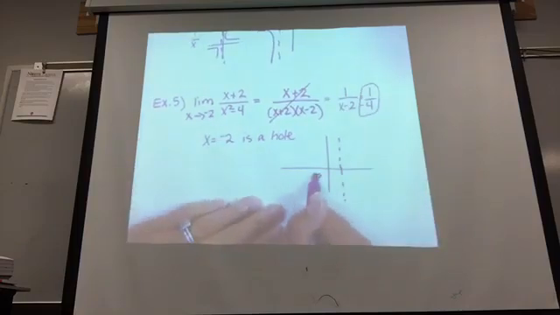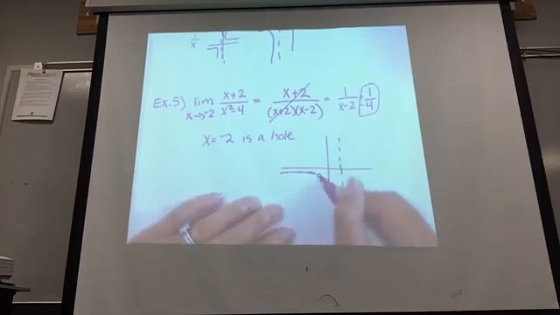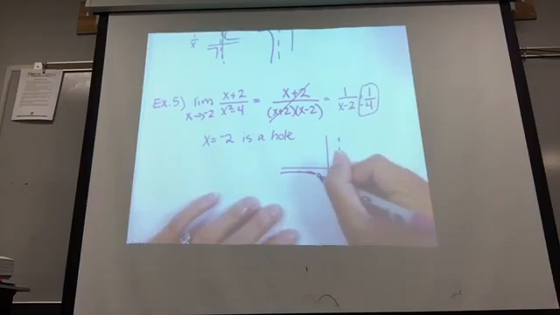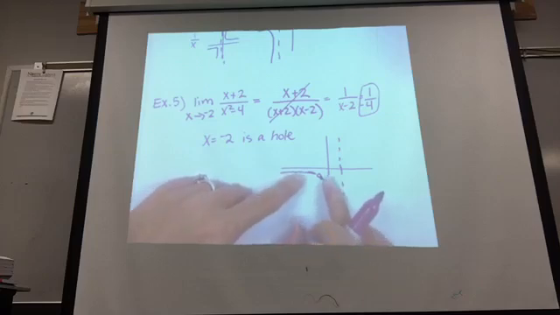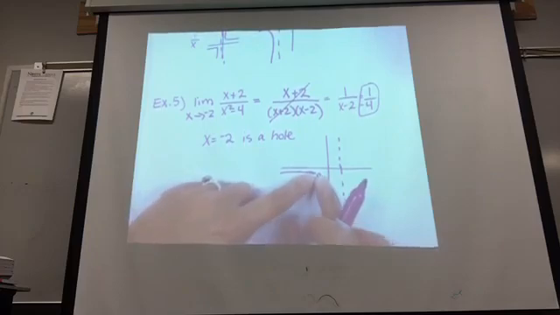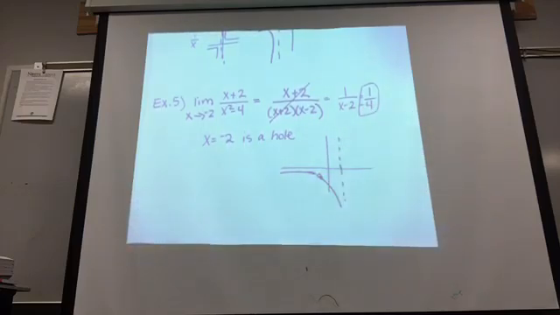So this graph on this side is going to look something like this. And so I can see as I approach negative 2 from both the left and right, they do both approach negative 1/4. So when it's a hole, after you simplify it, direct substitution does work.